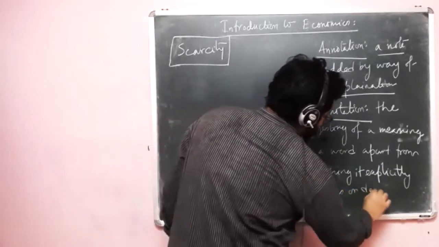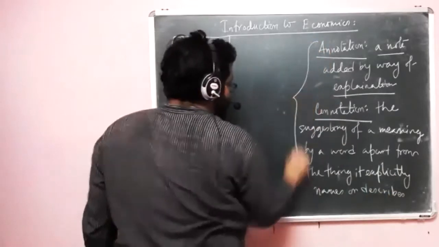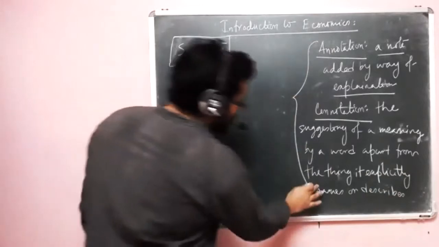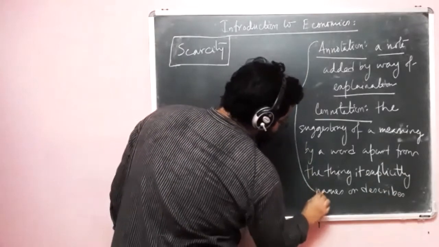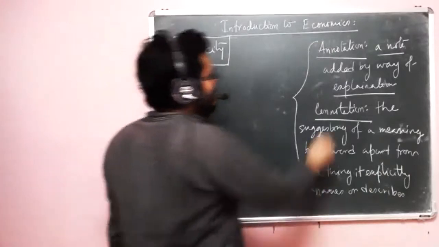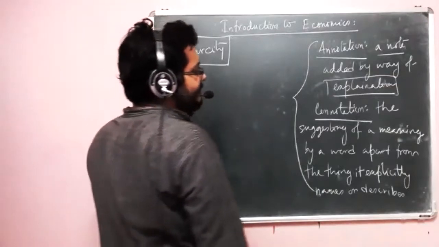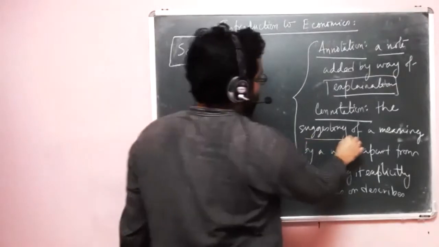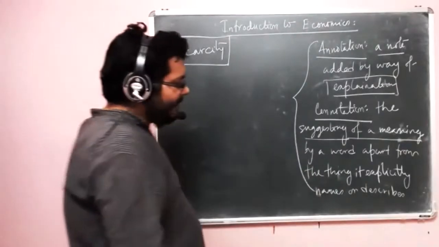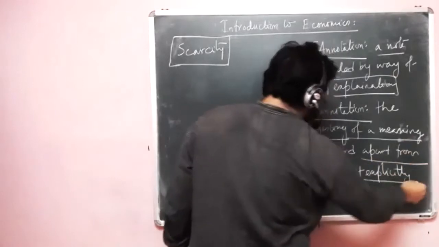Names or describes. Okay. So all the terms that we are going to study, all of them have this layer: we will write something which will be a sort of explanation, but there will be a connotation, which means the suggesting of a meaning apart from that explanation, apart from what it explicitly names.